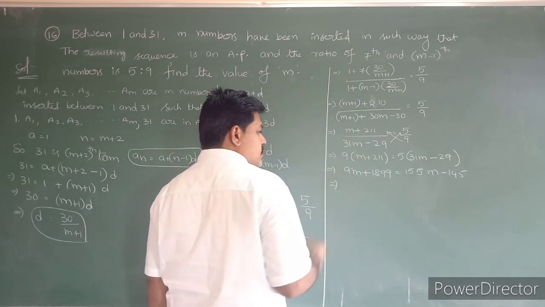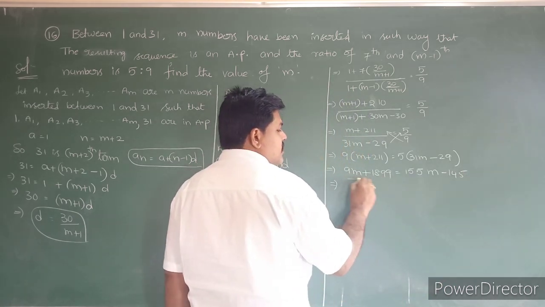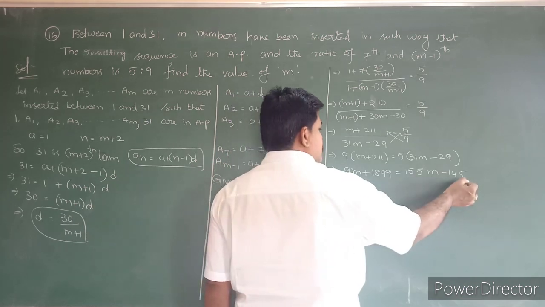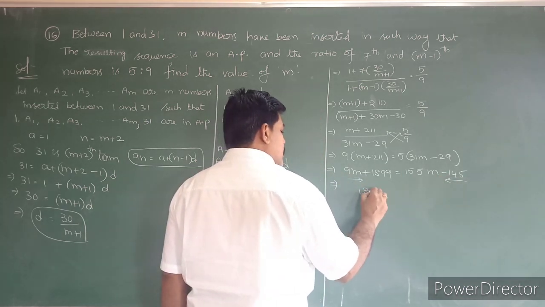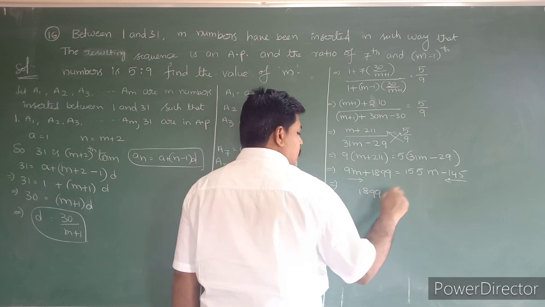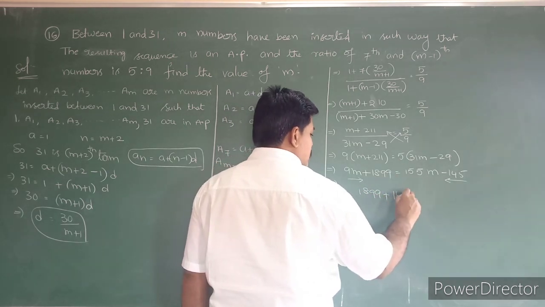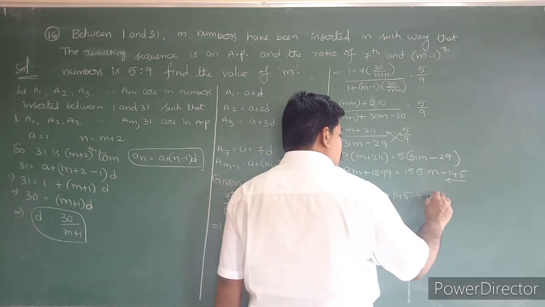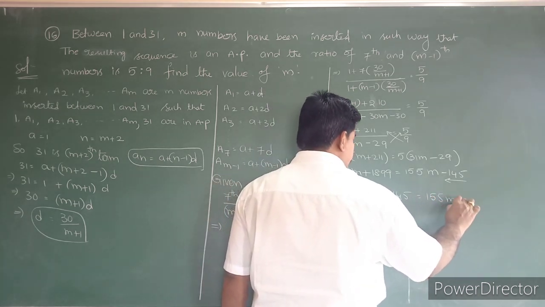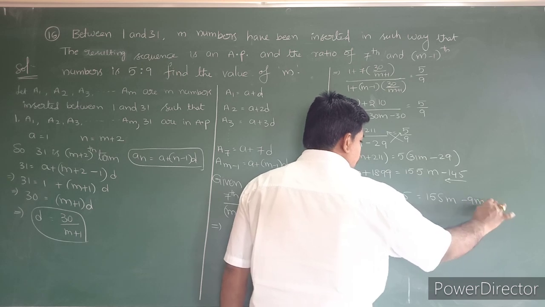So that implies take this 9m to that side and take this minus 145 to this side. What happens? Minus will become plus, take the value to this side, it is 145. So that is equal to 155m minus 9m.